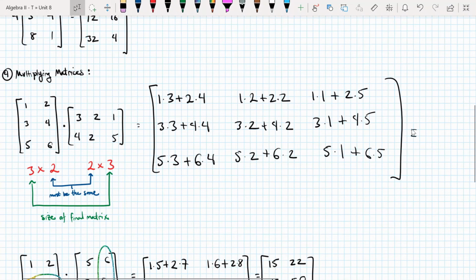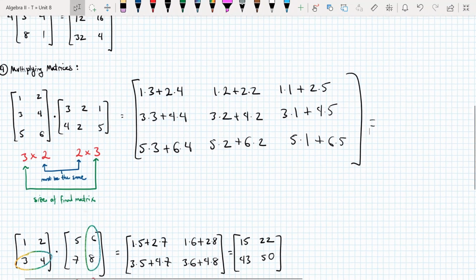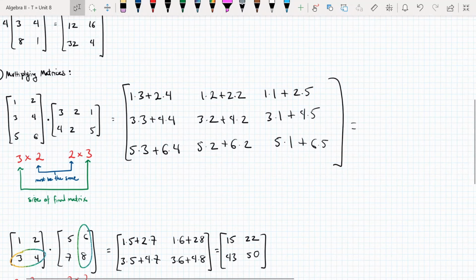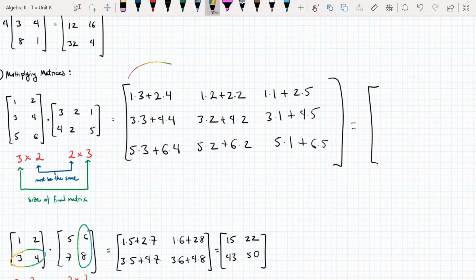Okay, so the result here is going to be what we get when we multiply all these together. Once you go through enough of these and get a handle on how the arithmetic works, you can skip this part and just go straight to the value.